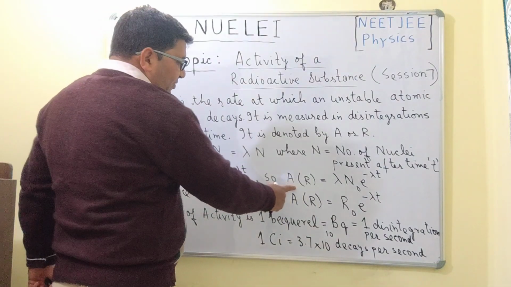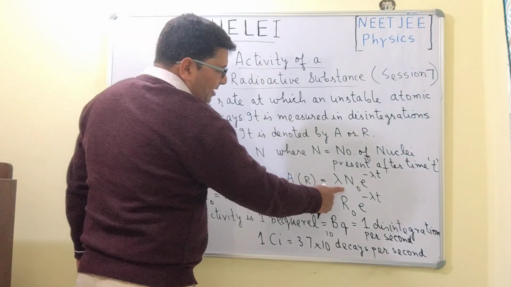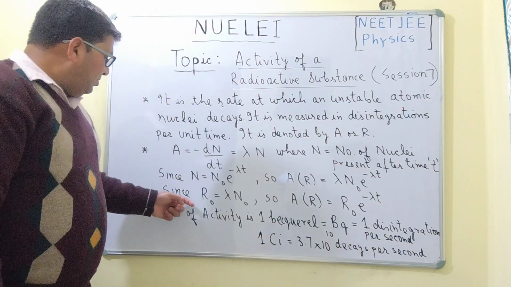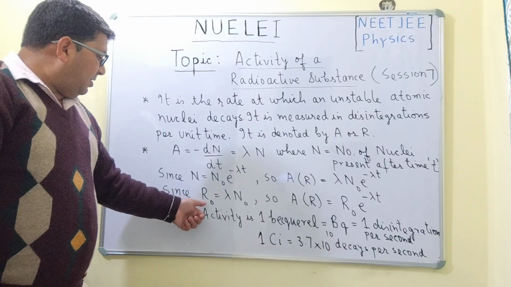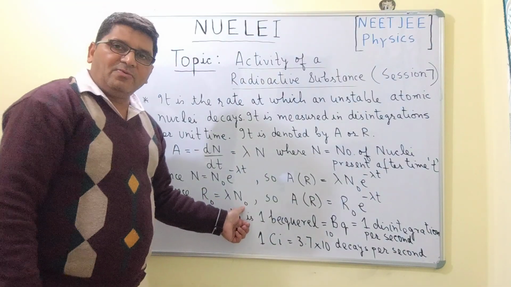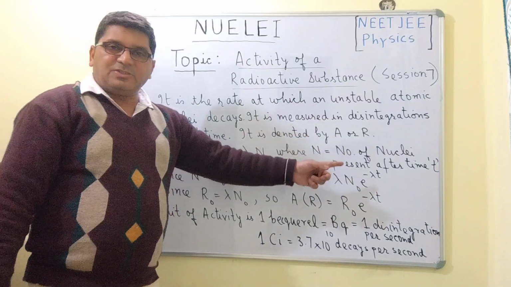So the activity of a radioactive substance is equal to lambda N naught into e to the power minus lambda t. And now since R naught is equal to lambda N naught, now N naught is what? It is the number of radioactive nuclei which is present at t is equal to 0.